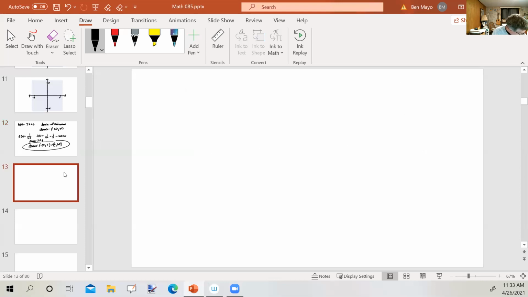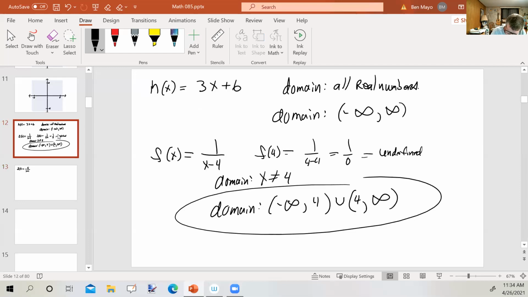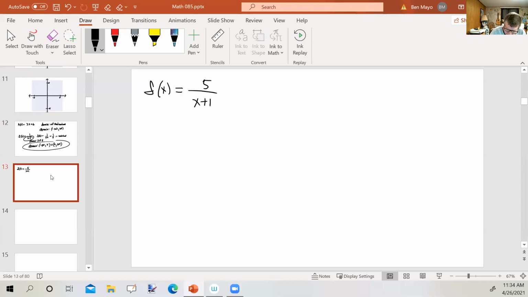This says f of x equals 5 over x plus 1. All right, now, in this last example, we saw that when I put 4 in there, I got 0. Here, if I put negative 1 in for x, I'm going to get 0. But let's look at it a different way.